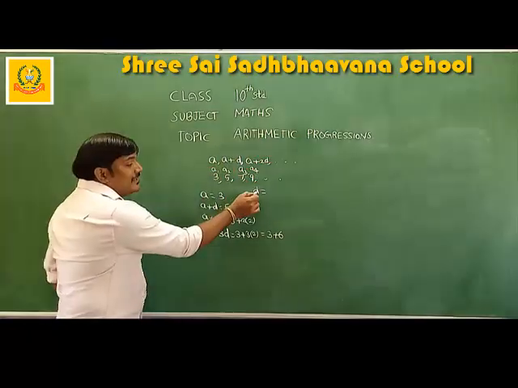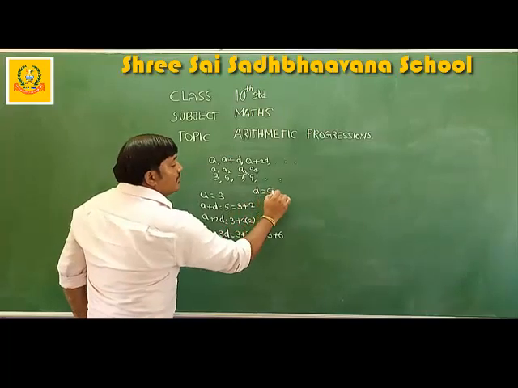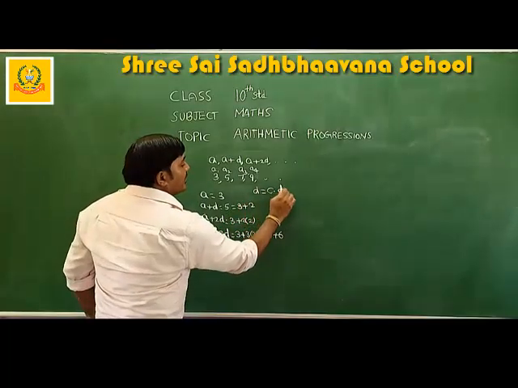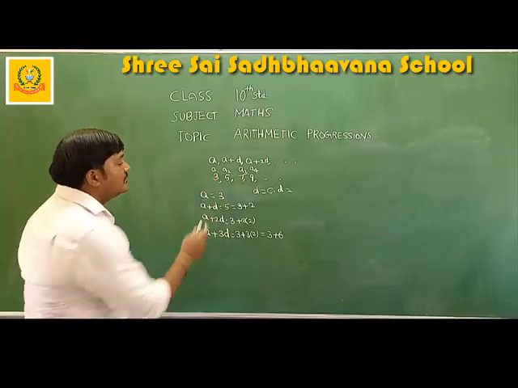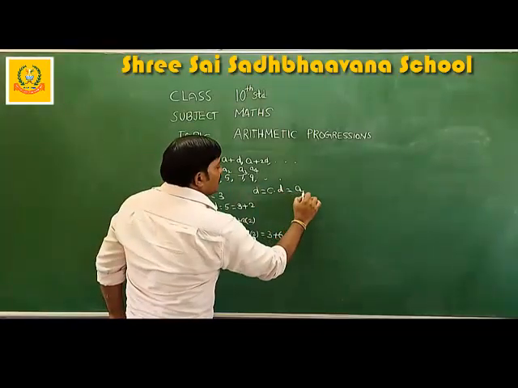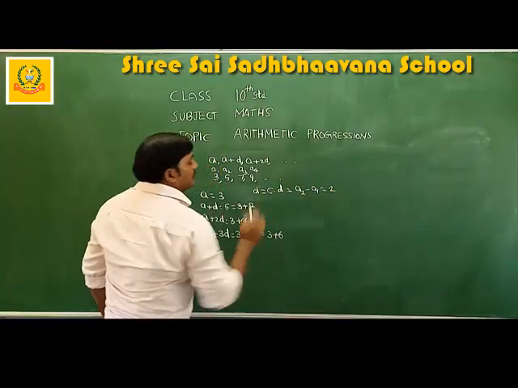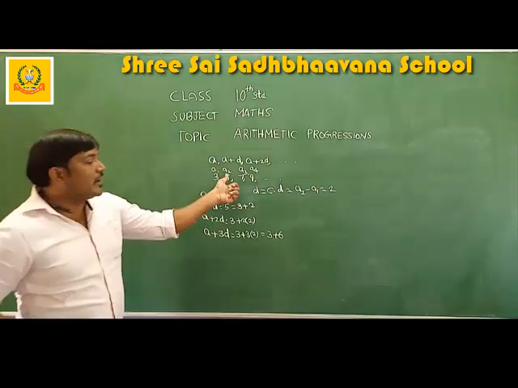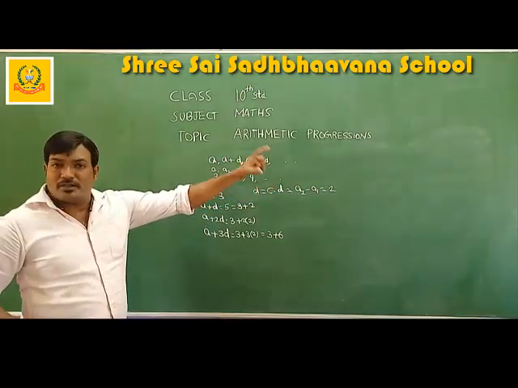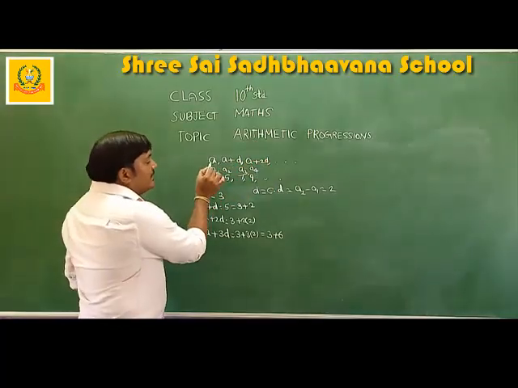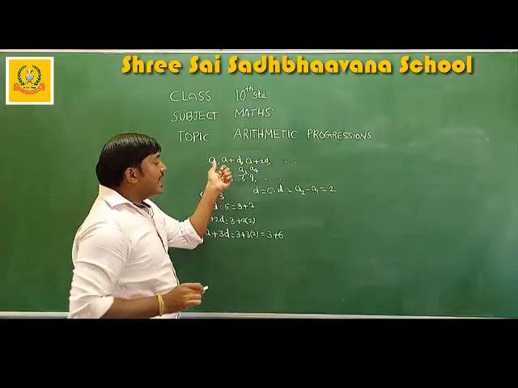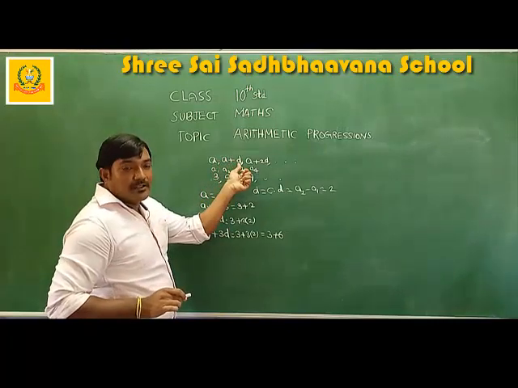So, what is this d? d is considered the common difference. We also write it as CD. So, what is this common difference? Second term minus first term. So, 5 minus 3, which is 2. And as we discussed, that should be the same. So that is the reason the common difference d is added each time.